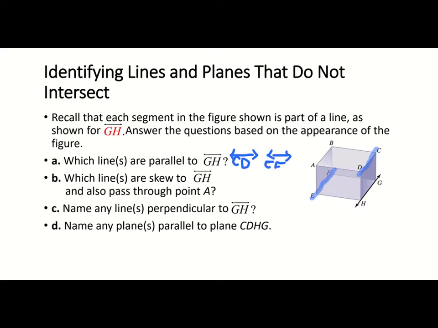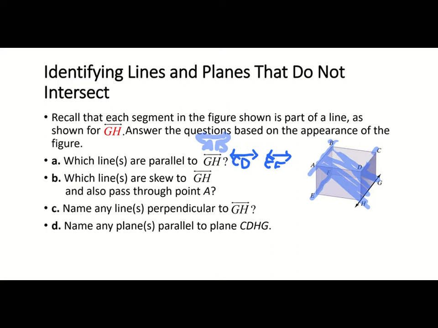And then we also have another one, and this one's a little bit harder to see. So if we imagine a plane running diagonal through this rectangular solid, the plane would have to go down through here, we can also say that AB is parallel to GH.